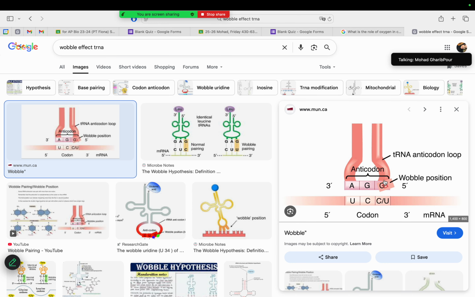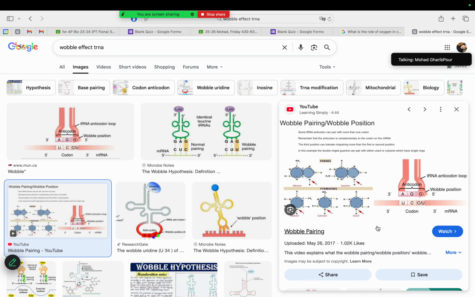So this is another example. So the third position is the wobble position on the tRNA. Again, remember that the anticodon loop is a loop. So it's like half a circle, and so it's not a straight line like the mRNA. So the pairing is not directly straight.